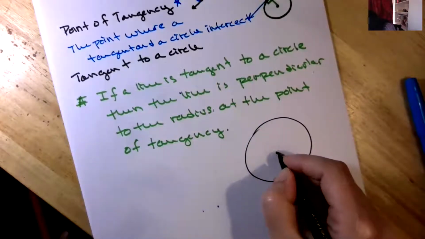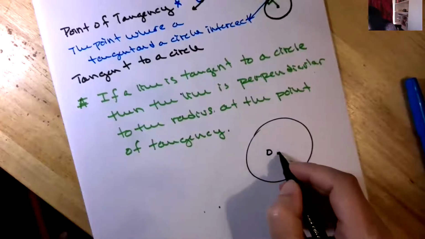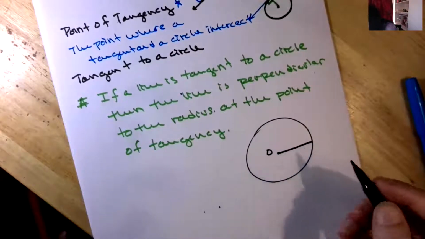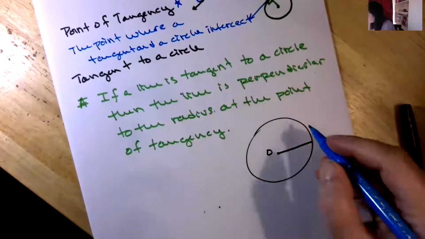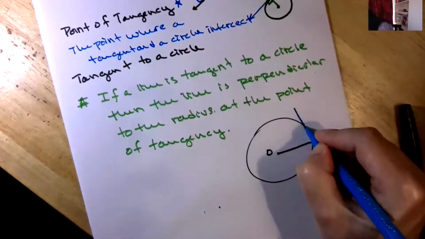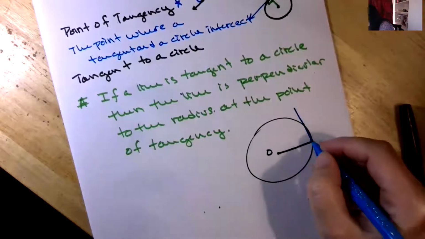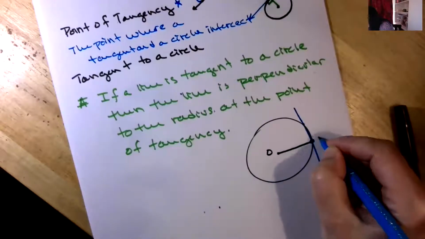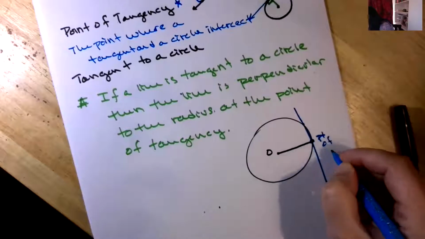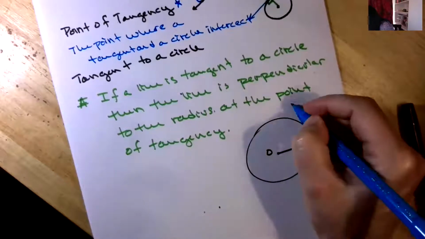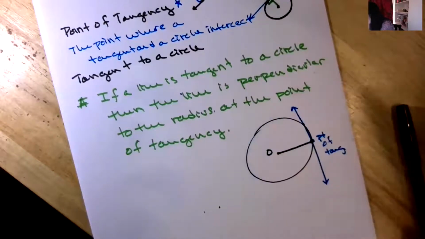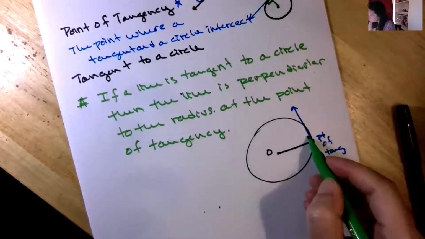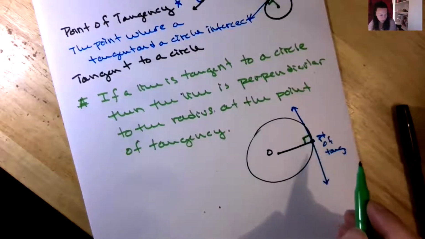So if we have a circle O, and we draw its radius, and we also draw its tangent, which I did not do a perfect job of drawing there because it actually goes there in multiple places. This is our point of tangency. And those two lines are going to be perpendicular.